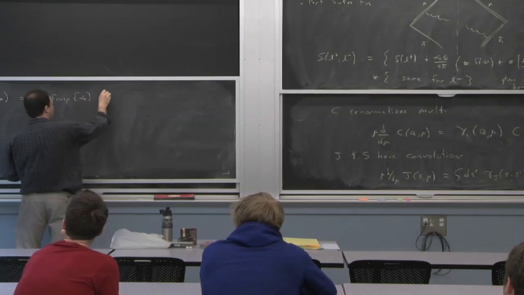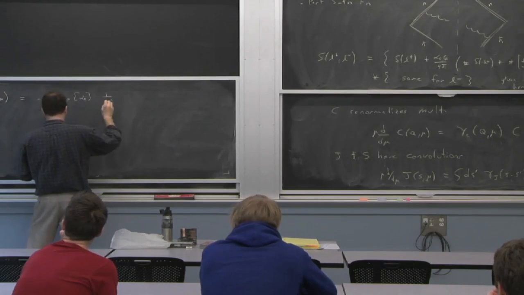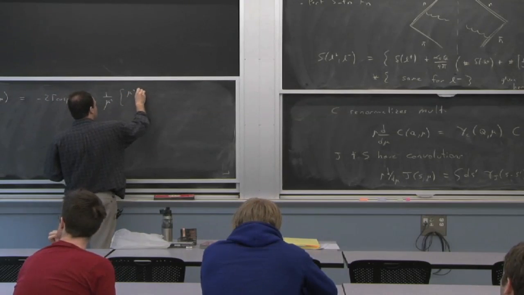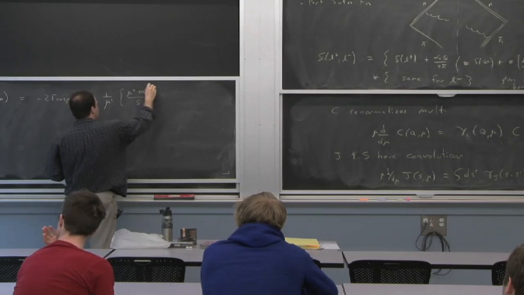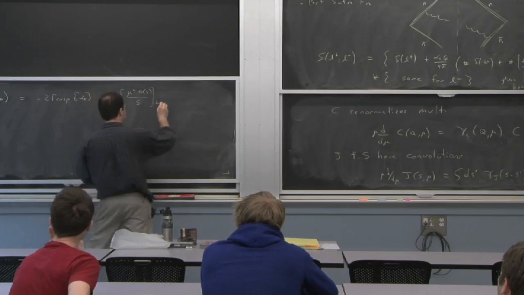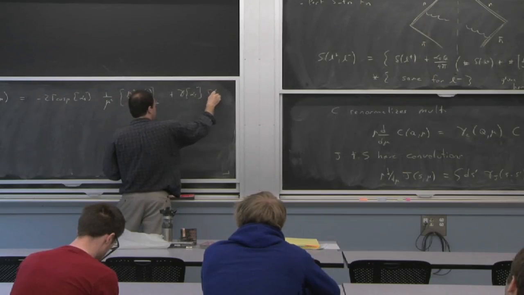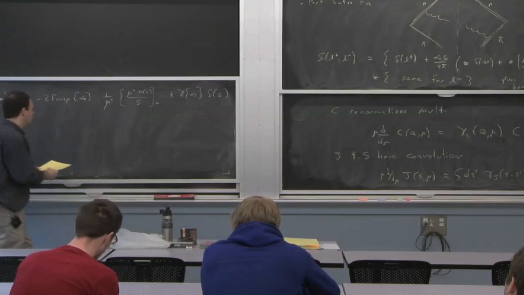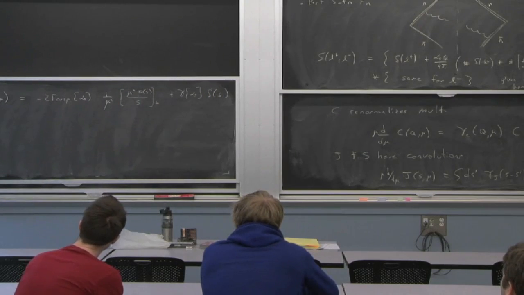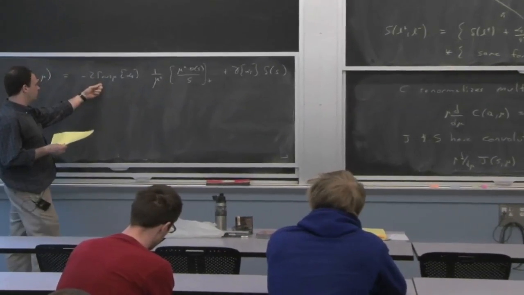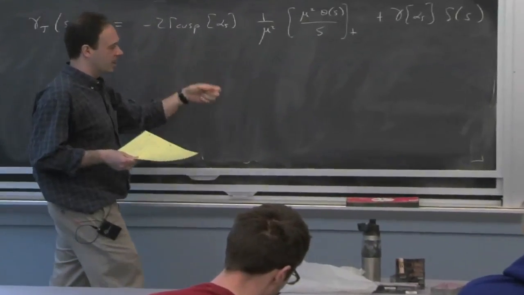And it's the following. There's two types of terms that can show up. So the general structure of the anomalous dimension is that there's a single plus function in it or a delta function. And this single plus function is the analog in the jet function of the single logarithm that was showing up.